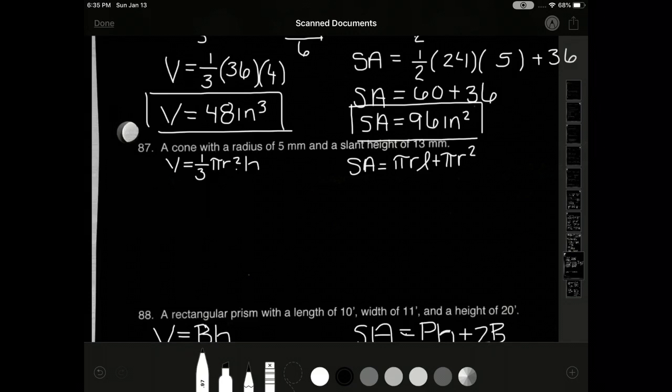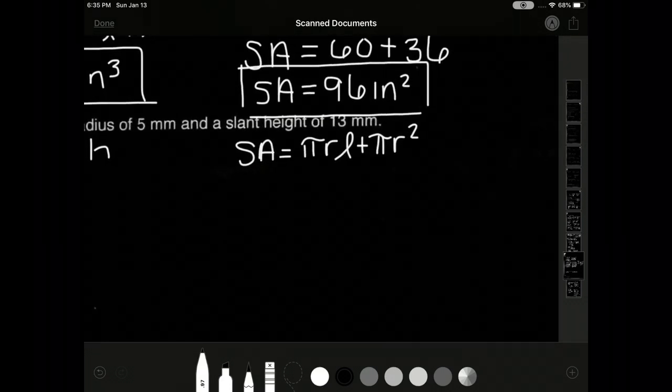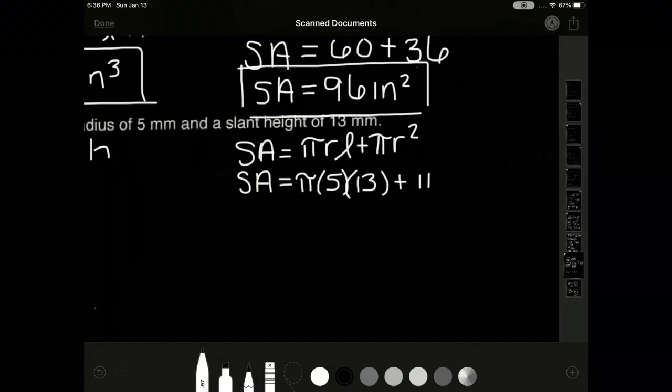In 87, we have a cone with a radius of 5 millimeters and a slant height of 13 millimeters. So what I'm going to do is take a look at the surface area first, because we have all the information there that we need. We have pi, a radius of 5, a slant height of 13, plus pi times 5 squared.